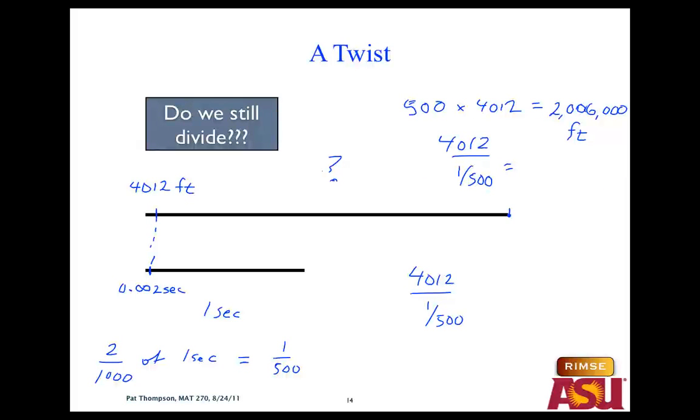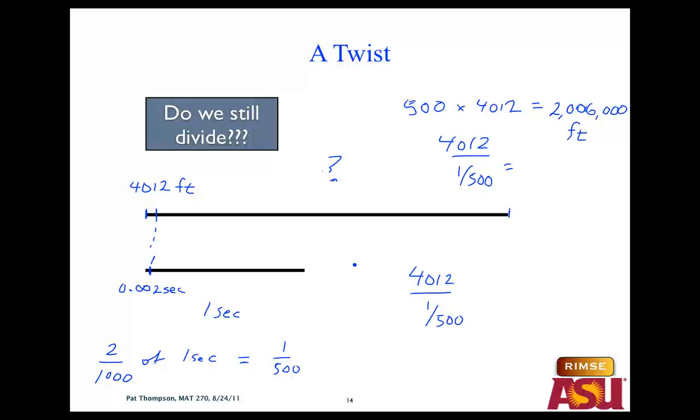Okay, so go ahead. On a test, if you ask specifically how far the plane goes in 1 second, should we put 2,006,000 feet per second? So how far does the plane go in 1 second? Would it be feet or feet per second? That would be feet because it's asking how far, right?